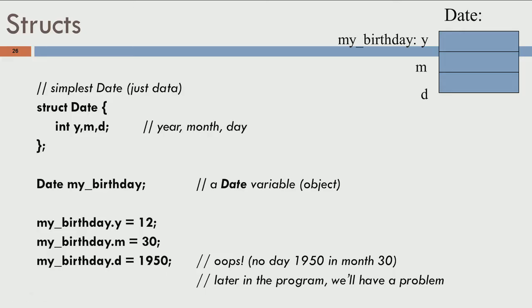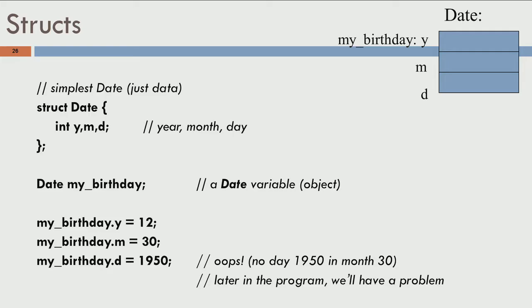As 3 separate integers, you assign 3 separate values, which is all okay, but there is a problem. If we deal with this as a date, there is a small problem. You are looking at year 12, maybe it is 12 AD, but the month is 30 and the day is 1950. This does not make sense.